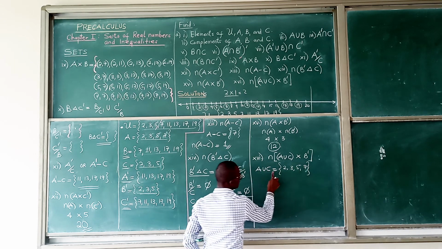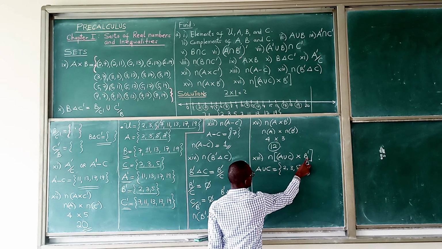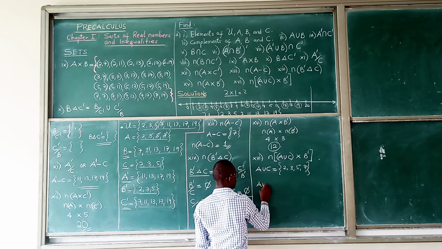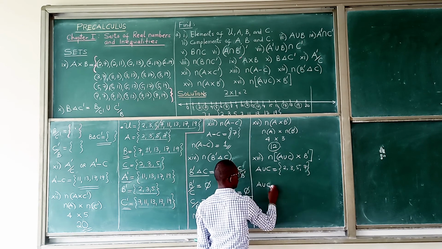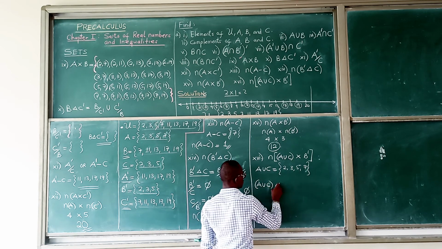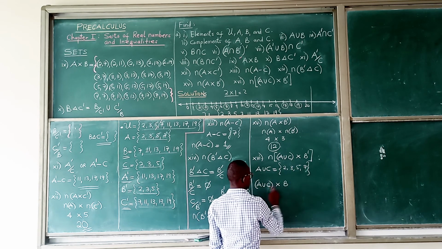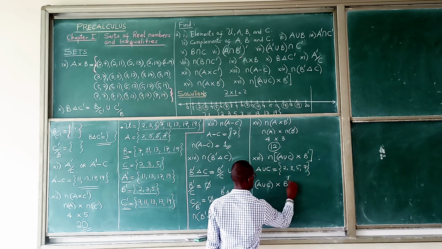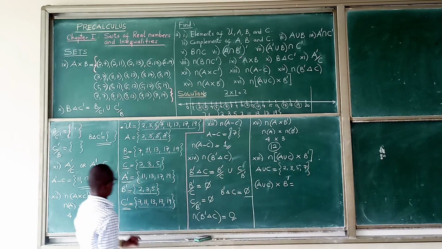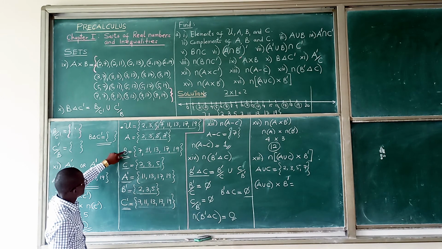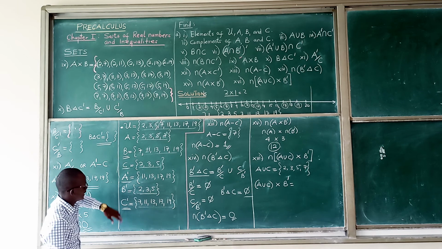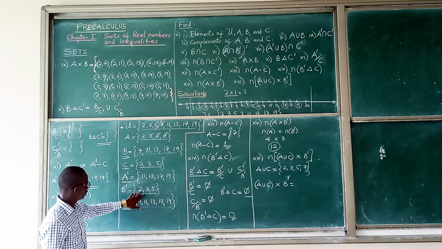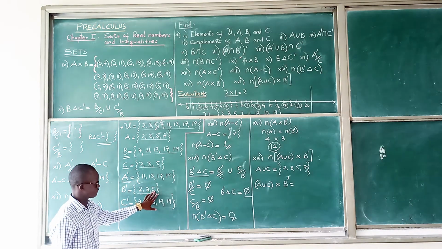This is A union C cross B prime. So it's A union C, and now we're asked to cross this with B prime to find a cross product. This is A union C, which is that set, and this is B prime: 2, 3, and 5.